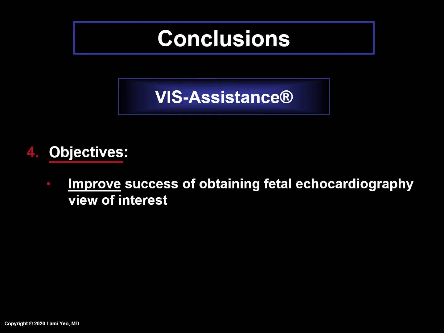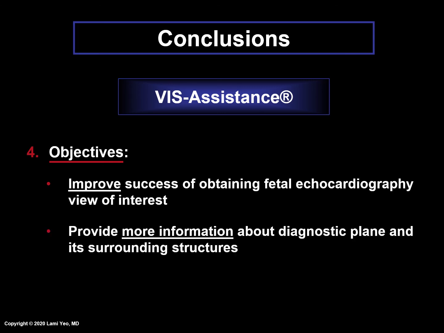The objectives of VISA are to improve the success of obtaining the fetal echocardiography view of interest when not initially obtained via the diagnostic plane, provide more information about the diagnostic plane and its surrounding structures, and improve the quality of examination since the complexity of the fetal heart can be studied in greater detail and specific structures shown. VISA Assistance has 4 advantages compared to real-time 2-dimensional sonography or manual navigation of stick volumes.